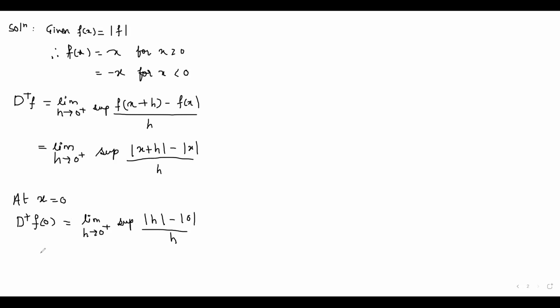So for h tends to 0, the value of the function mod of h will be h. So limit h tends to 0 plus supremum of mod of h upon h.